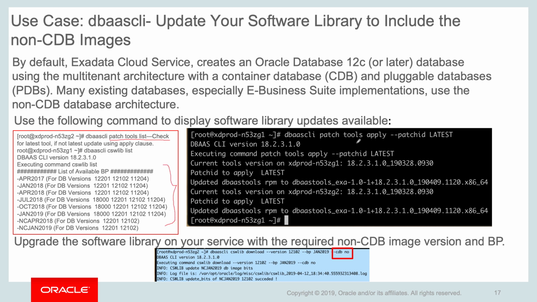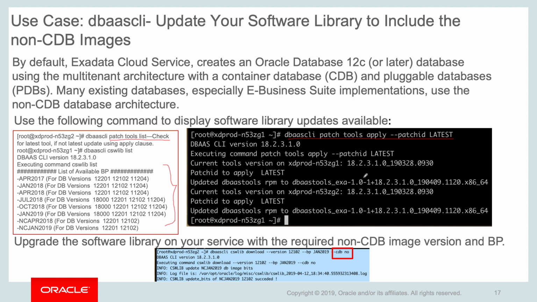Then I issued a Debus CLI patch tools apply --patch ID latest. This is what makes your cloud tooling the latest. In this example we are updating the cloud tooling using patch tools apply --patch ID latest. If this is the latest ID, it will be applied in the environment.